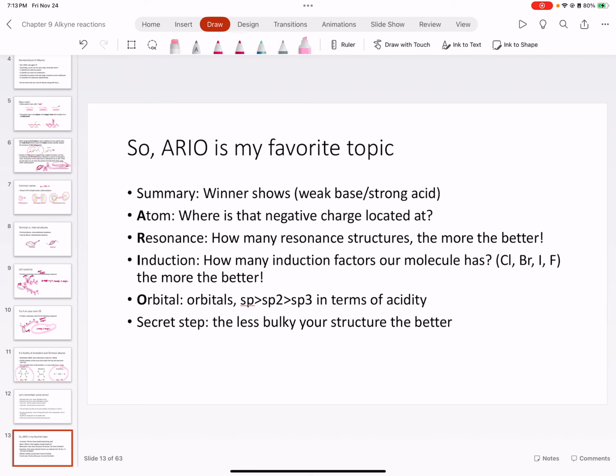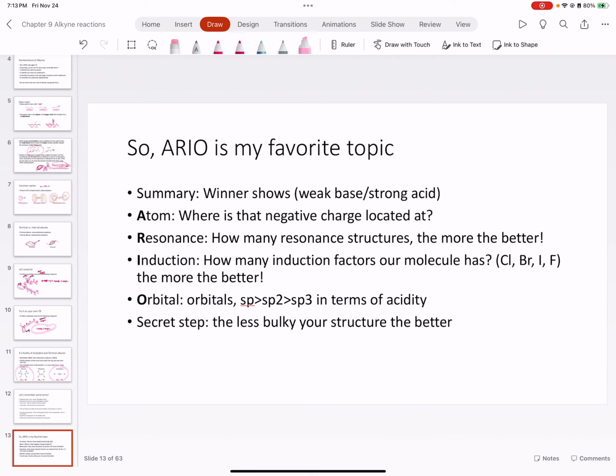ARIO: A stands for atom, and basically it's where the negative charge is located. So we have two compounds, one has an oxygen negative and the other has a carbon negative. Then our ARIO winner is going to be the one with the oxygen negative.